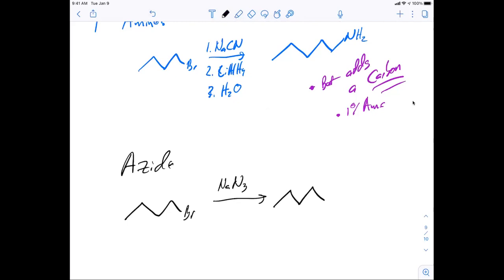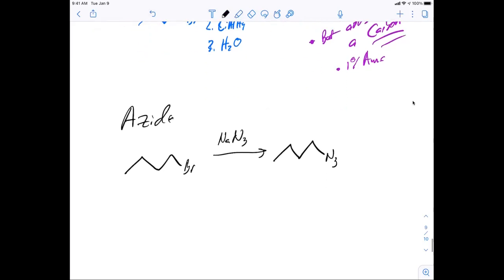These are really good nucleophiles. But then this azide can be reduced with hydrogen and a platinum or palladium, palladium on carbon or platinum, or with lithium aluminum hydride in water.